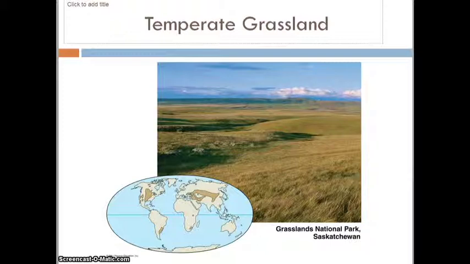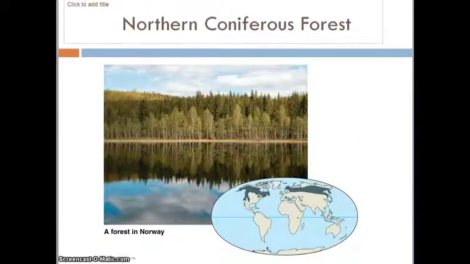Next one, we have northern coniferous forests. So the average annual precipitation generally has a range of 30 centimeters to 70 centimeters, and then you also have periodic droughts.